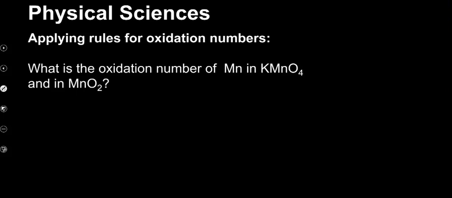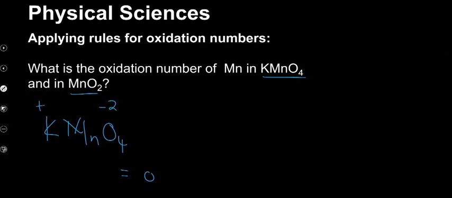So in as far as manganese 4 oxide, you do realize that this is manganese 4 oxide, this is potassium permanganate. So all of them are compounds. So in as far as KMnO4, this is potassium permanganate. The total is equal to 0, okay? The unit for oxygen is -2, right?